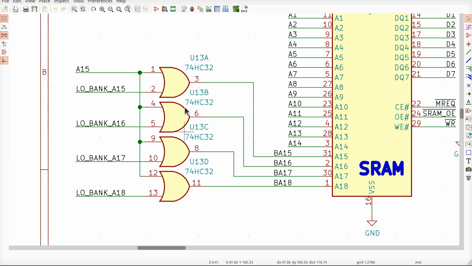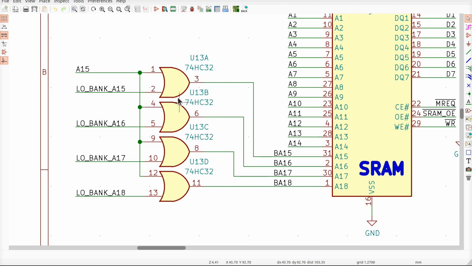Since this chip only has 4 gates on it, and it only does this one function, if these are AND gates, which is what an HC08 is, it's a 2-input AND gate. It's just AND, not NAND, right? That would be an HC00. But no, an HC08, whenever A15 would be 0, if this was AND, then X ANDed with 0 would equal 0. So this would essentially flip it around the other way.